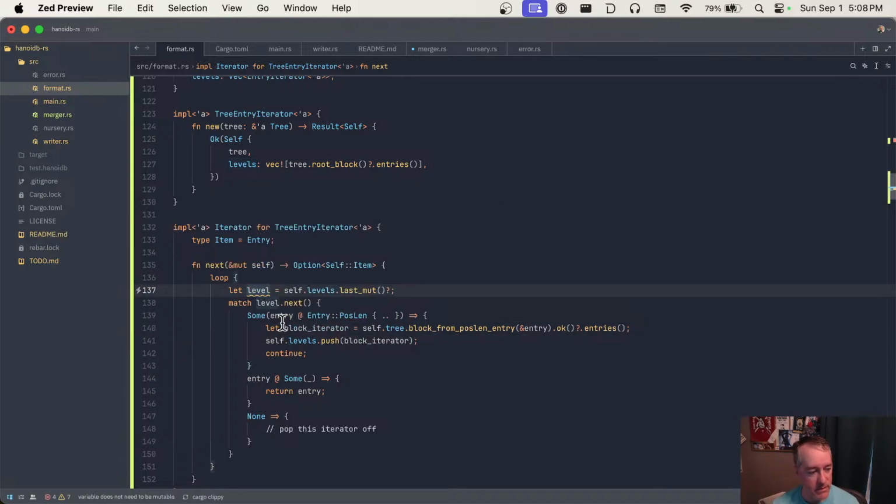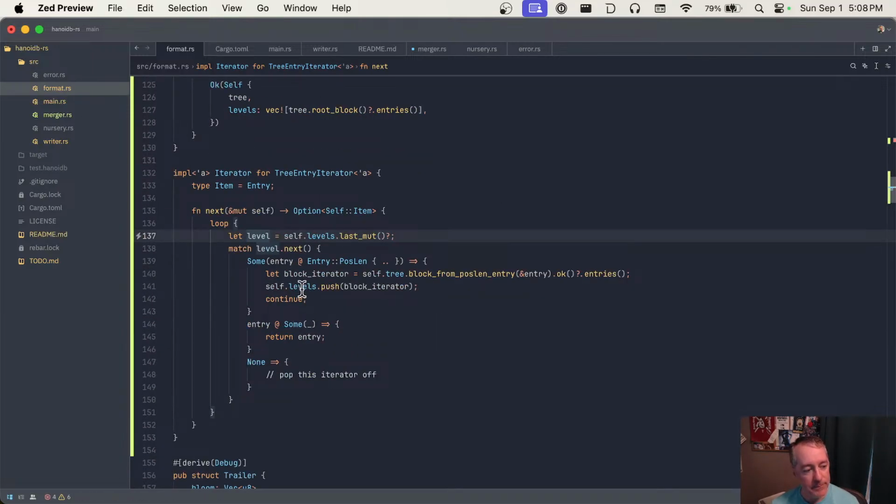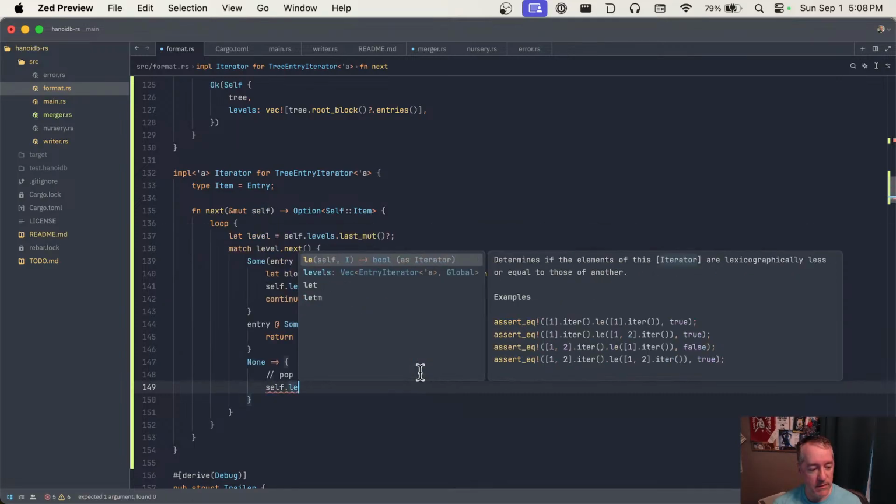Actually I don't need to reassign that. So okay, we're pushing a new iterator onto this set of levels, and then we'll go back. So this is how we're recursing down the tree. And then as we exhaust one, we'll pop it off. So if there's none, then we're going to do self.levels.pop.